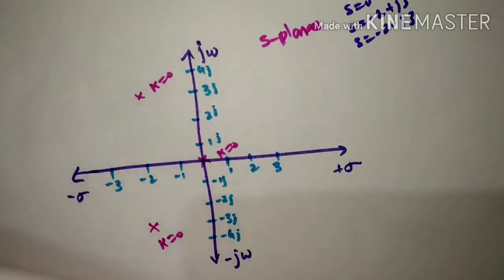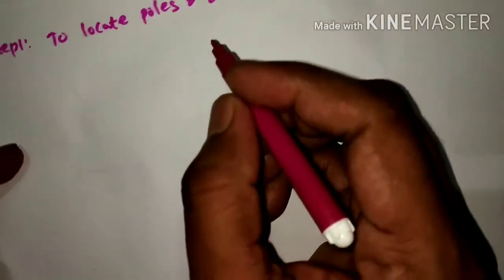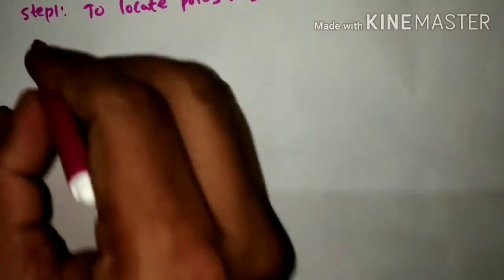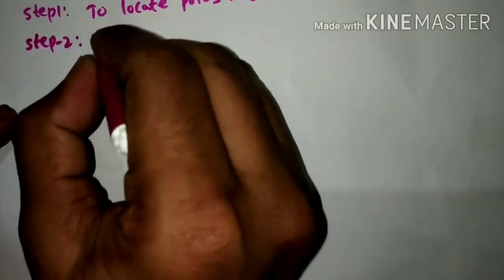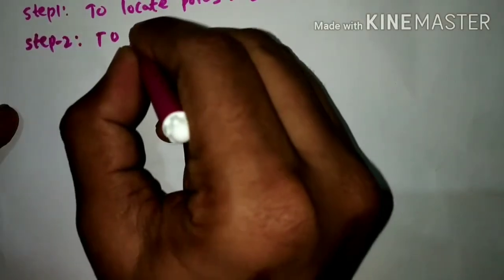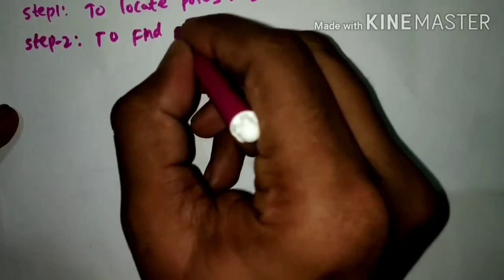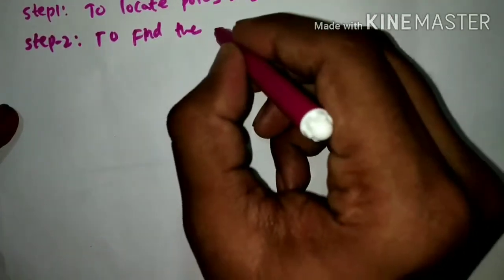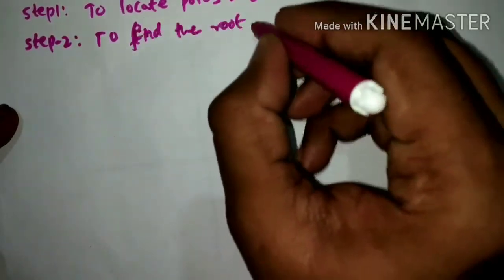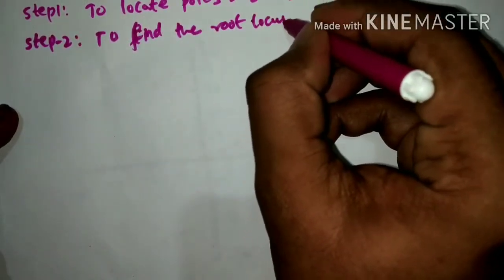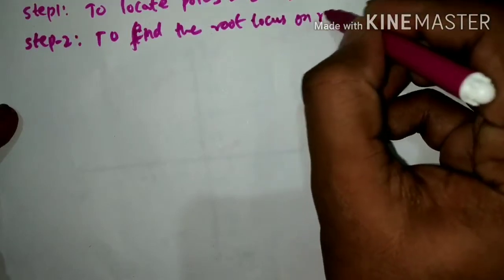Step 2 is to find the root locus on the real axis.